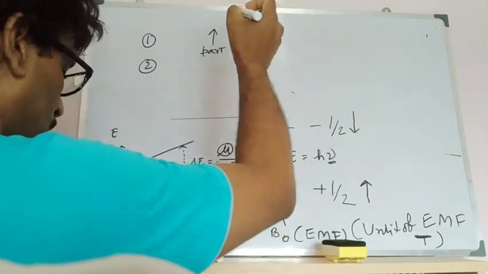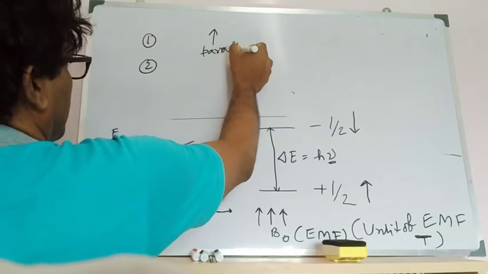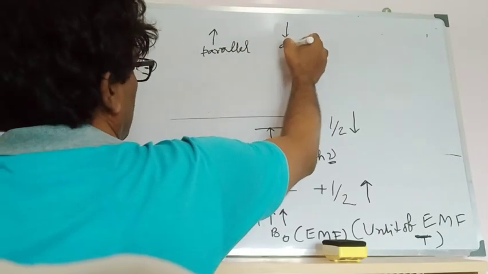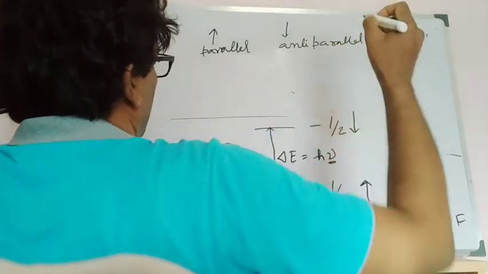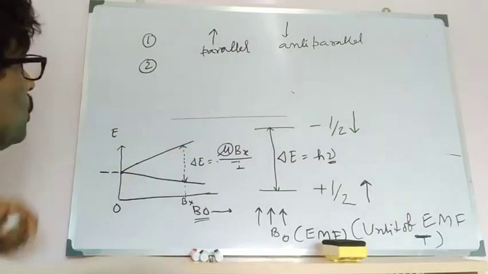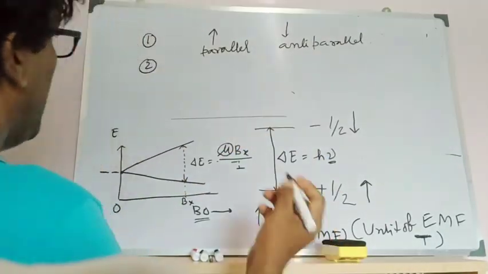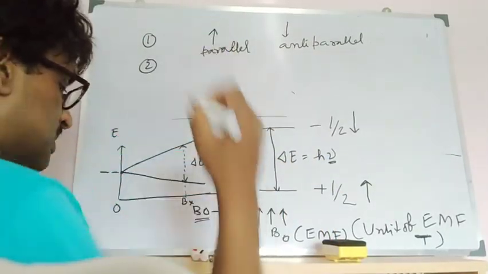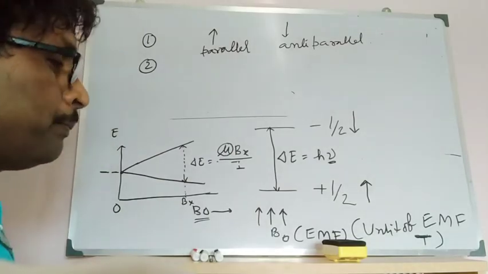This one is called parallel, and this one is called anti-parallel with respect to the external magnetic field, and we get the two energy levels, parallel and anti-parallel. And the second is a characteristic motion, called the precisional motion.